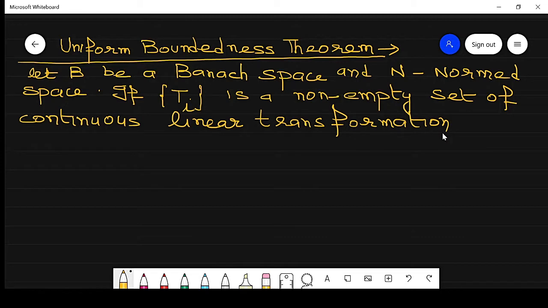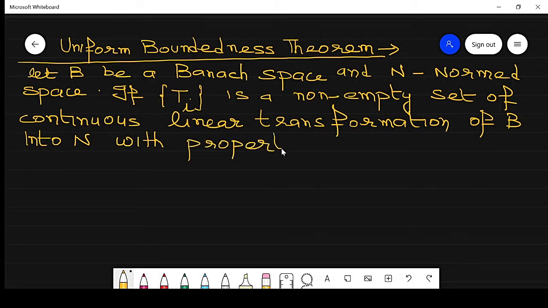of B into N with the property. What is that property?